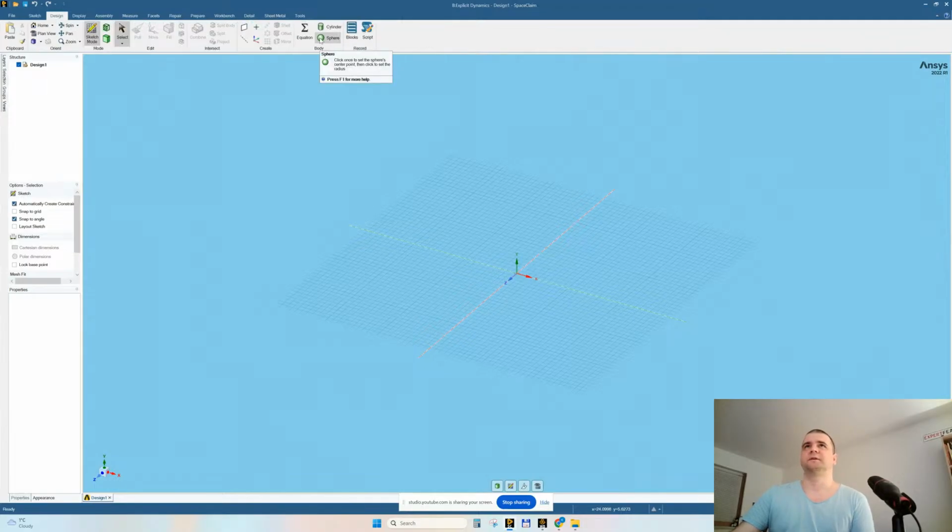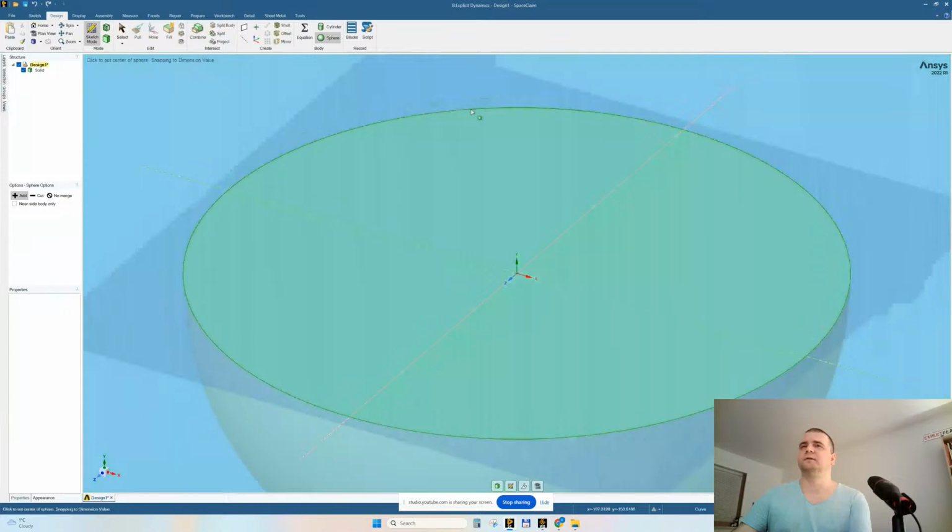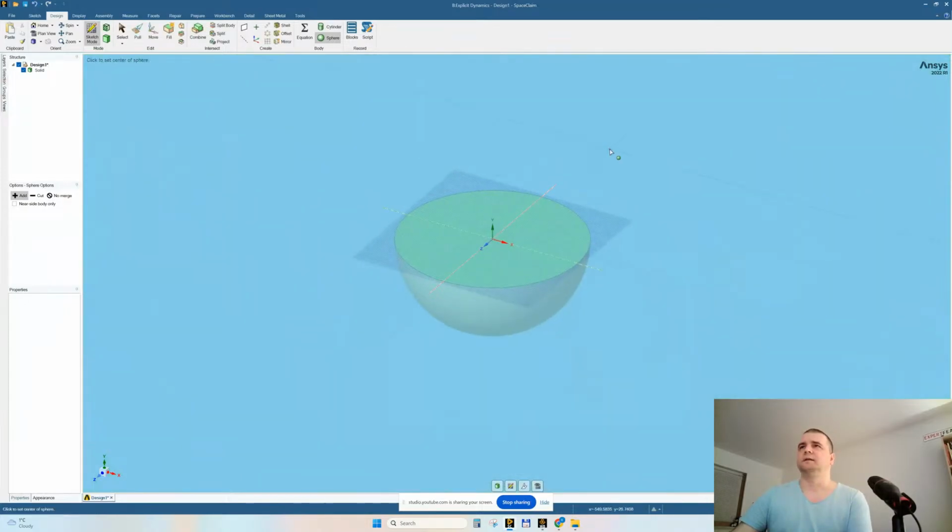So let's start with the sphere, because everyone does it. Why not? I don't know how much, 100, 200, 500 millimeters. Let's make it pretty big. All right. And as long as we're here, let's also model the water tank, if possible.